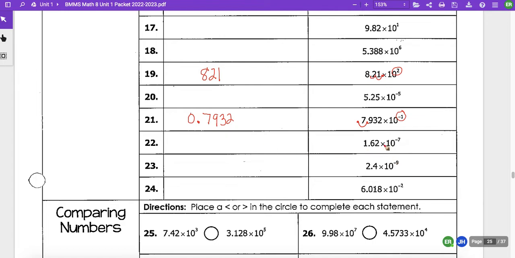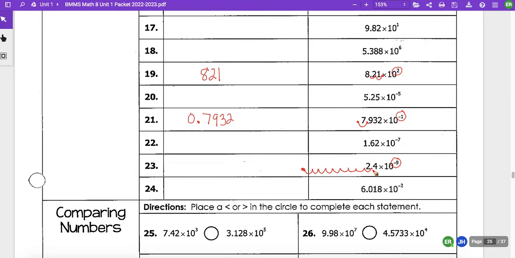Okay? And number 23, let's try this. The exponent is -9, so we're going to start from the decimal, and we're going to move it 1, and now I've got to go 2, 3, 4, 5, 6, 7, 8, 9, and put the decimal right here.